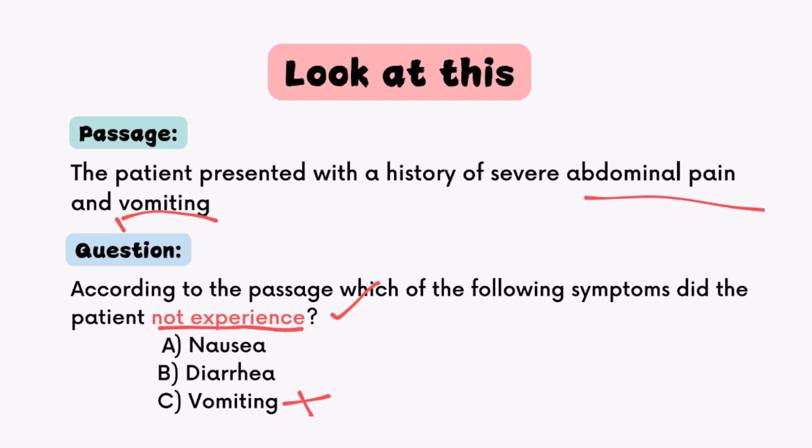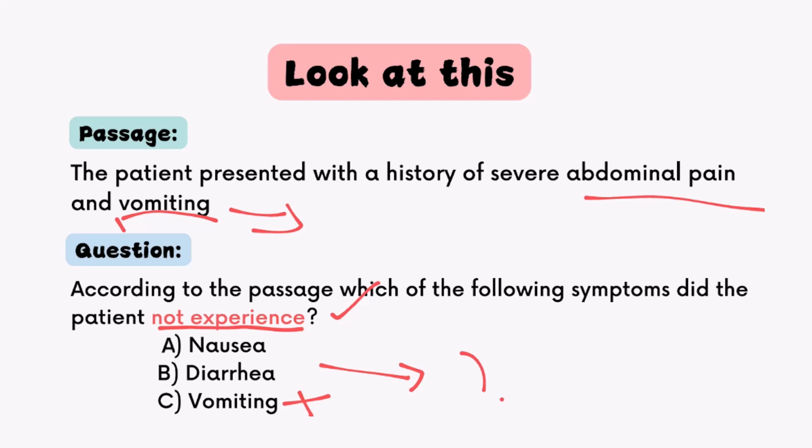Diarrhea is completely contradictory information because no related information has been given in the passage. But nausea is related to vomiting, right? Do you agree with me? Yes. First nausea occurs, then the vomiting will be there, right? So nausea is related to vomiting.